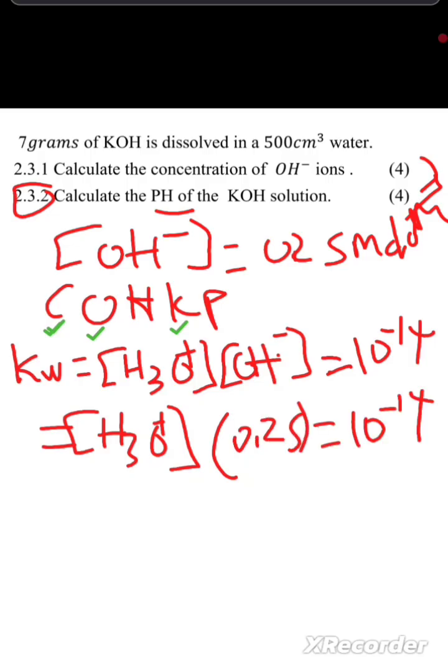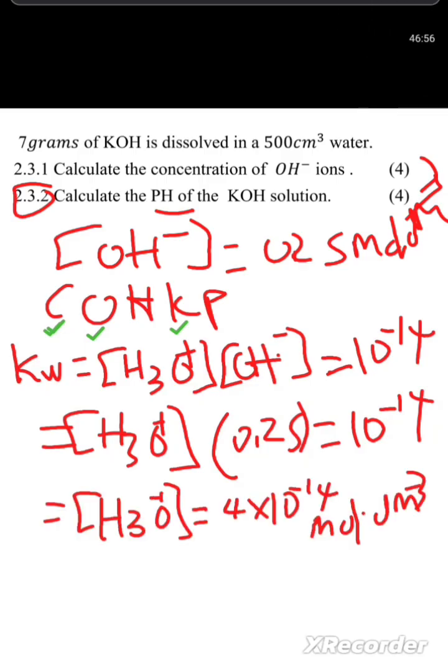Right? Then we divide both sides by 0.25, divided by 0.25, both sides. So we get that one then. This is the concentration of hydronium ions after using the Kw formula.